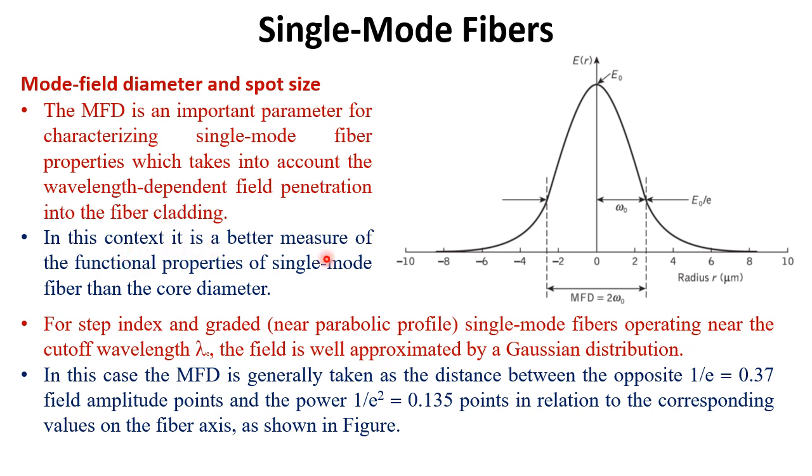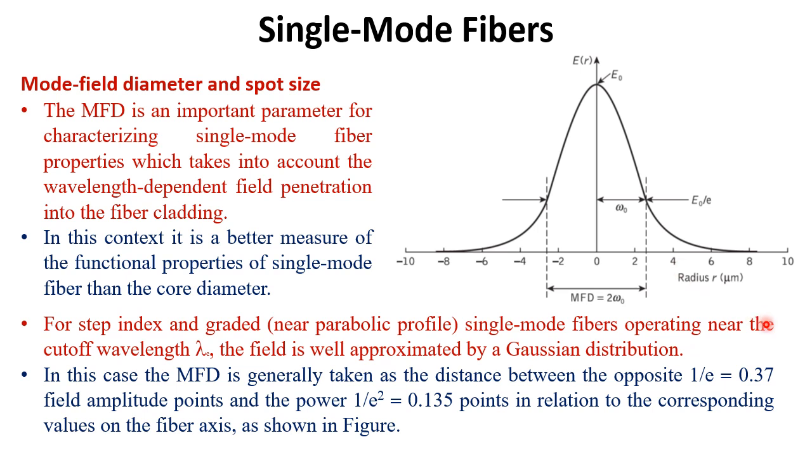In this context, it is a better measure of the functional properties of single mode fiber than the core diameter. For step index and graded index, that is the near parabolic profile, single mode fiber operation near the cutoff wavelength of lambda c, the field is well approximated by a Gaussian distribution shown here.